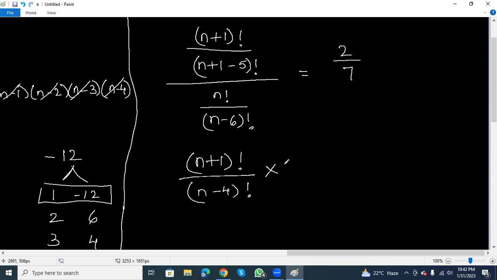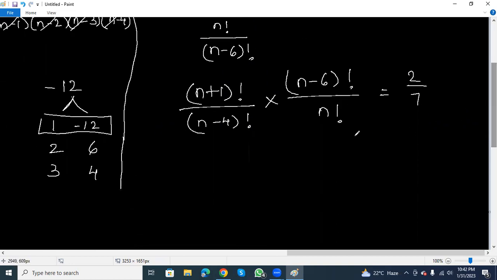You can put a multiplication sign and reciprocate this. n minus 6 factorial divided by n factorial is equal to 2 by 7. Now, n plus 1 is bigger, so we can write until n factorial. n plus 1 into n factorial, the plus 1 minus 1 get cancelled.